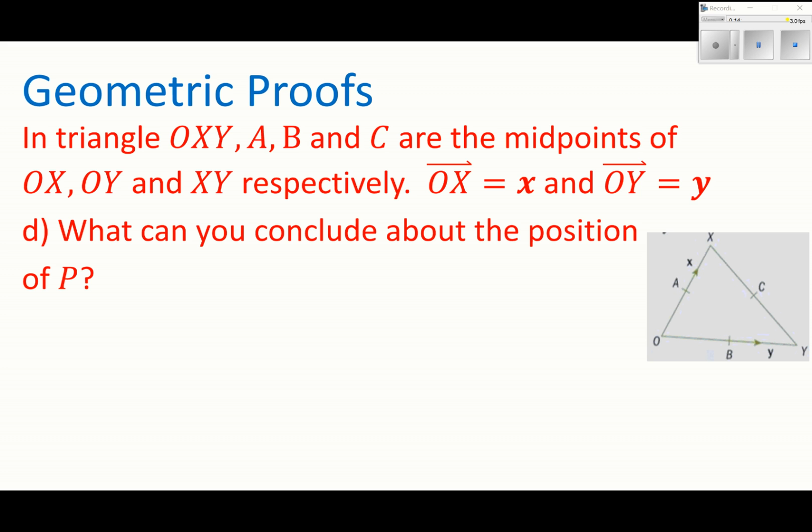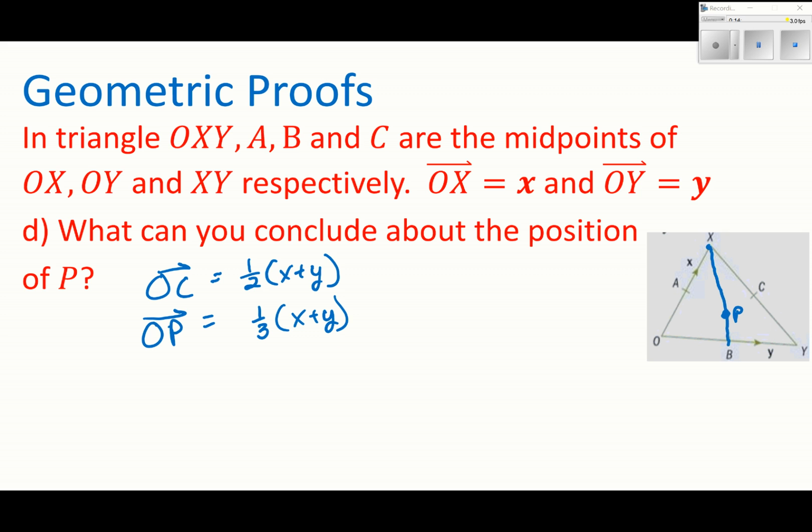Last part. What can you conclude about the position of P? So remember, we found that P is somewhere in here, 2/3 of the way across, right about there. What can we conclude about the position? Well, we know OC is 1/2 of X plus Y. OP is 1/3 of X plus Y. If I wrote this as a ratio, OP compared to OC, I would end up with 2/3.